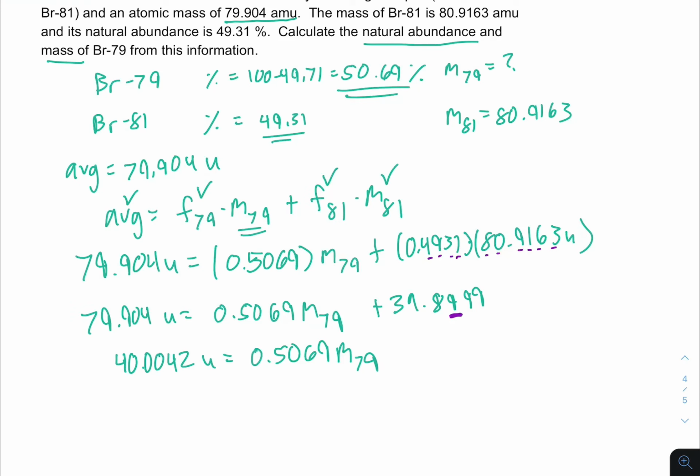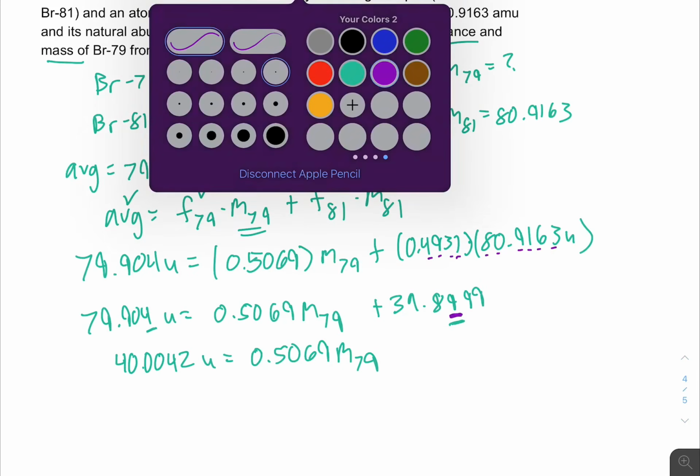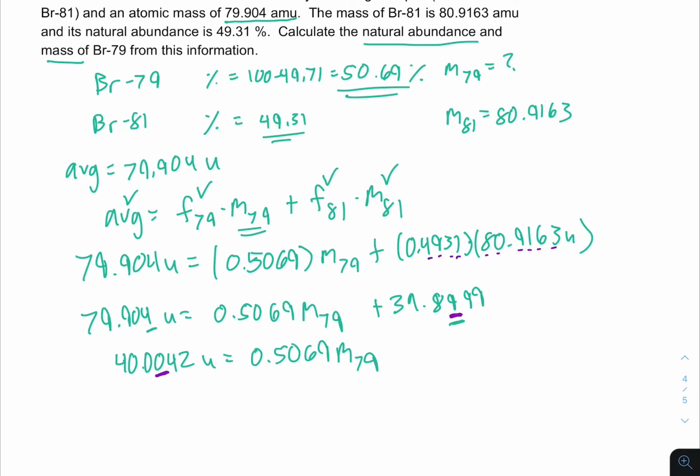And we see this has 2 digits past the decimal place. This has 3. So the number that I would round at would be 2 digits past the decimal place, right? We're now subtracting here, and so we treat the number of digits past the decimal place.